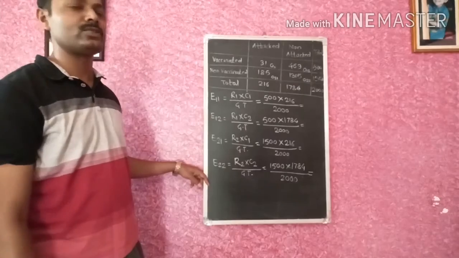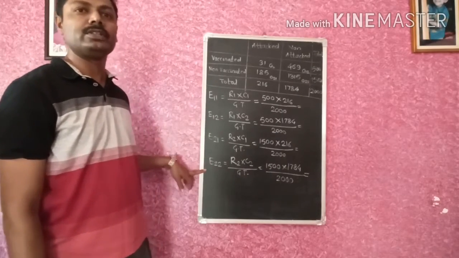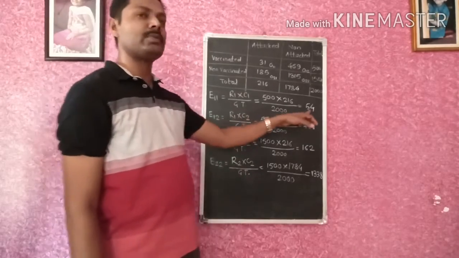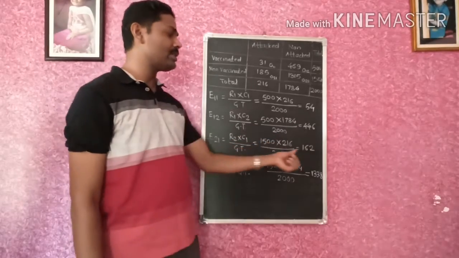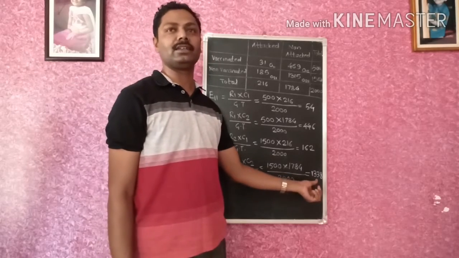By calculating the values of E11, E12, E21 and E22, these values are: E11 is 54, E12 is 446, E21 is 162 and E22 is 1338.